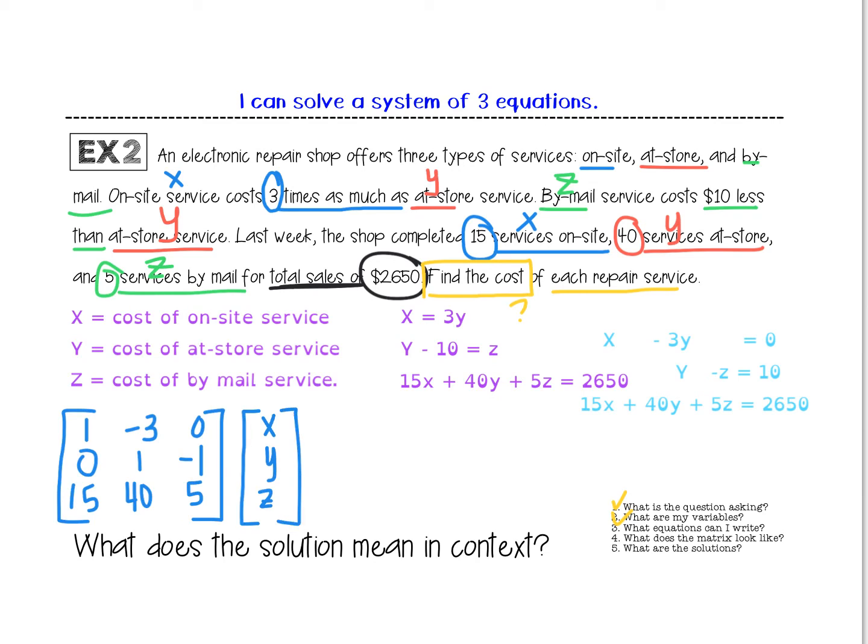I'm taking each one of these terms in the matrix, x, y, z, and that is equaling matrix B, which is going to be 0, 10, and 2650. So matrix A is the coefficients that get multiplied by the variables, and this is what they equal. So 0 y's, 1 y, negative z gives me 10. 15 x's, 40 y's, and 5 z's give me 2650.